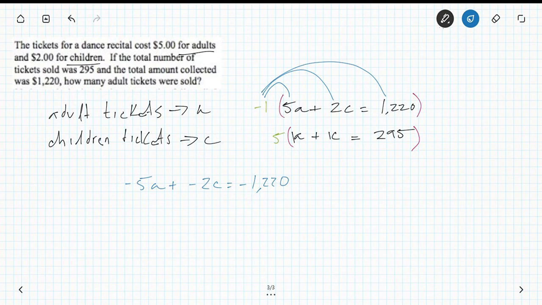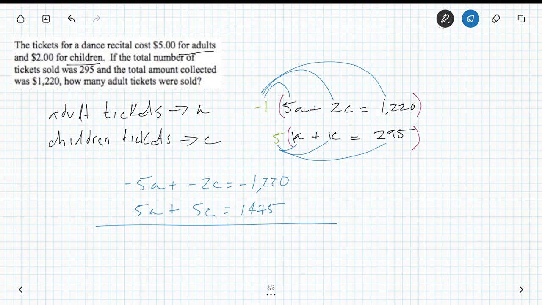Next thing I want to do is distribute this 5 outside of the second line. So 5 times 1, that's easy, that's 5a, plus 5c, and then 295 times 5 is 1,475.